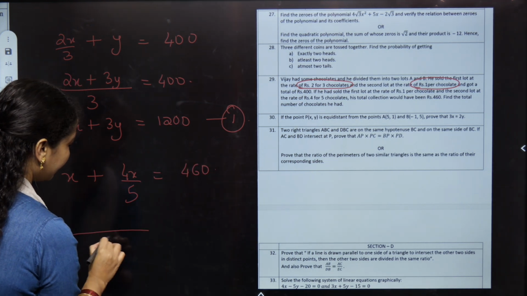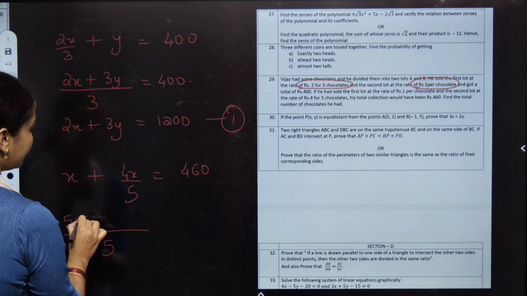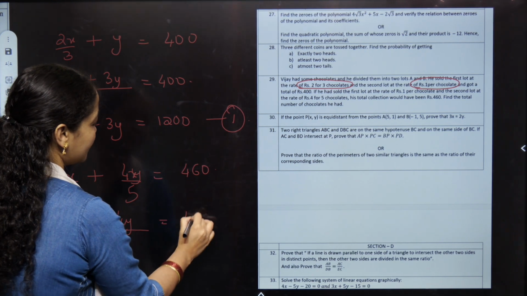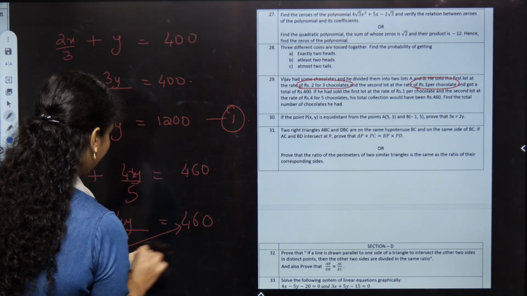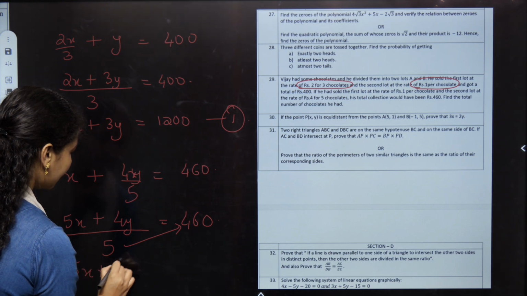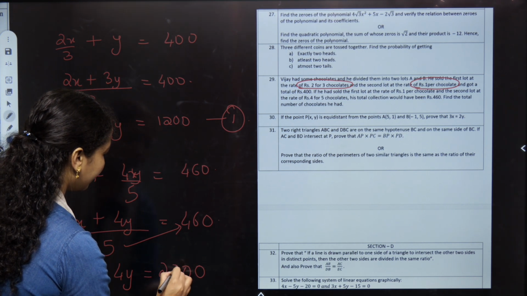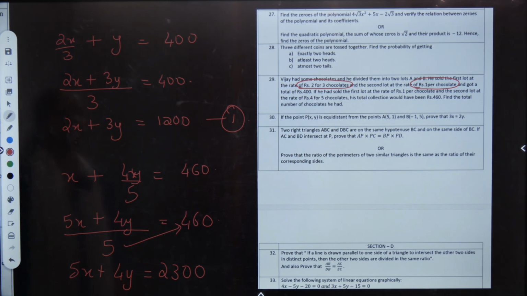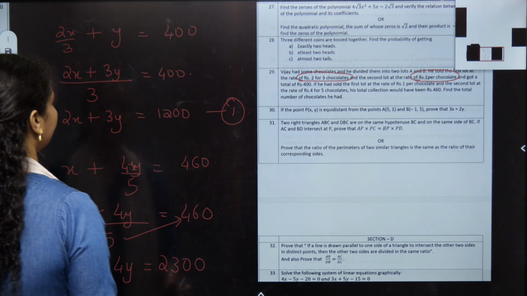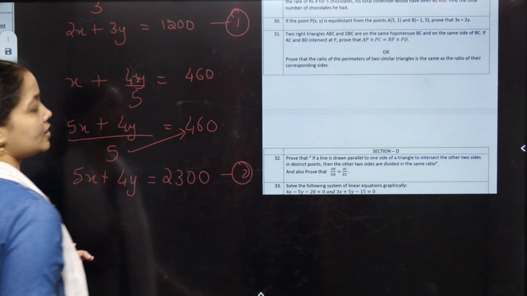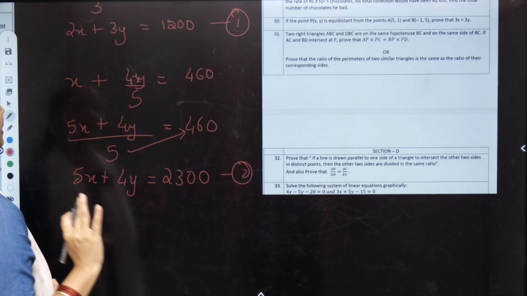Taking LCM again, this is 5x plus 4y equal to 2300. This is my second equation. I got two equations. Now I can solve this using elimination method or substitution method. It is left to me.